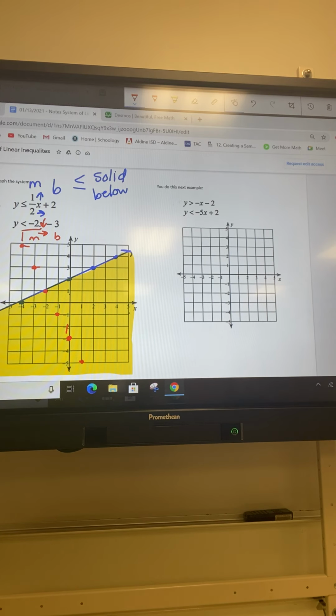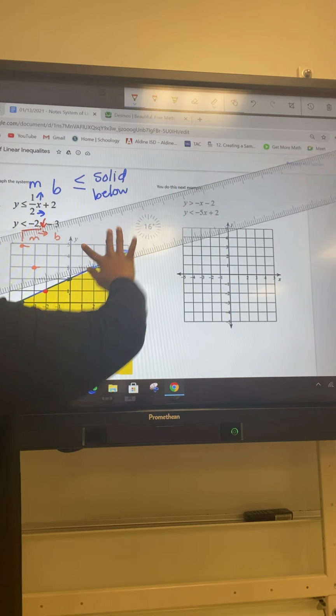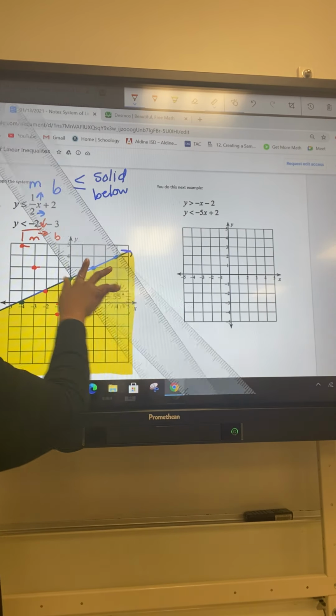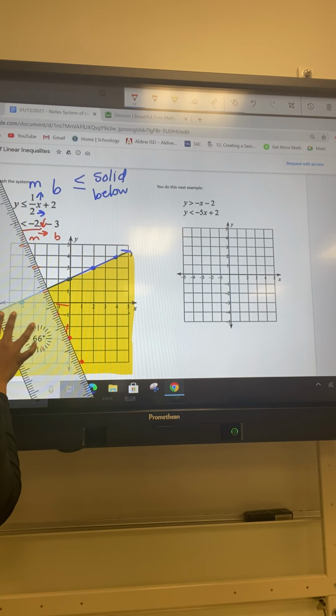And if this was like the inequality we saw before, we can see that the two lines are going to meet. But what we're looking for today is going to be a little bit different. So turn this on. All right, so I'm going to try to line this up with my points.